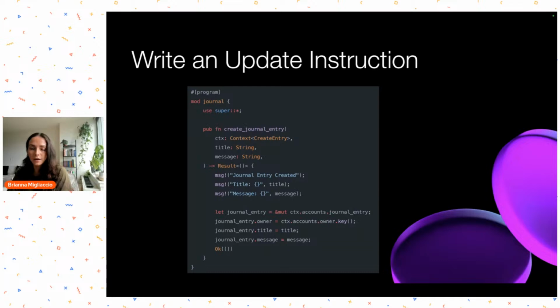A lot of the main manipulation of logic with Anchor happens in your data structure that's being written, because Anchor macros are processing all of the entry points and account manipulation, and you don't have to do it manually.